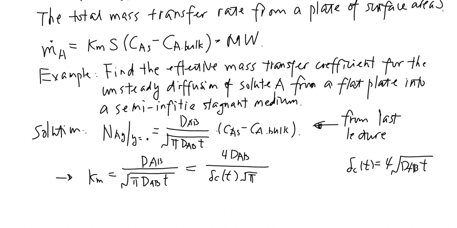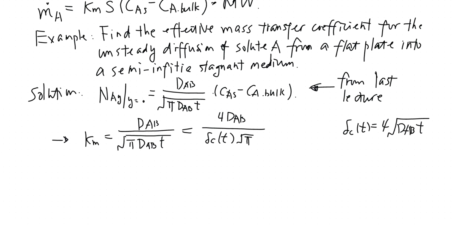So this new expression, involving boundary layer thickness, reveals a critical feature of the mass transfer coefficient in this unsteady diffusion problem. First of all, we know the boundary layer thickness is time dependent. That means the mass transfer coefficient is also time dependent. This is critical.